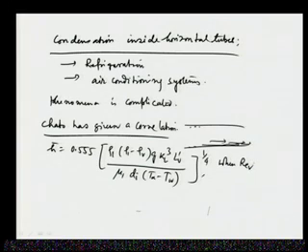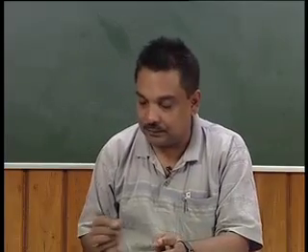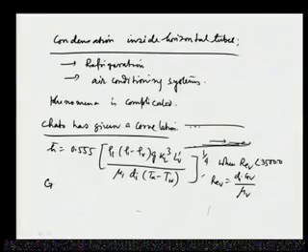This is valid when ReV, the Reynolds number of the vapor, is less than a limiting value. ReV is defined as D, the inner diameter, times G_V, the mass flow rate of the vapor per unit area, divided by mu_V, the vapor viscosity. G_V is nothing but rho_V times the velocity of the vapor.